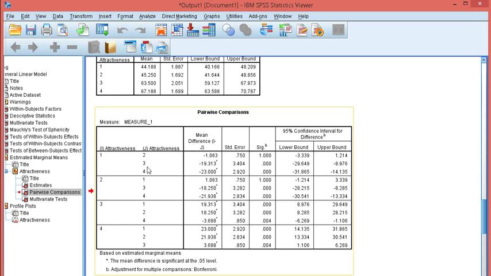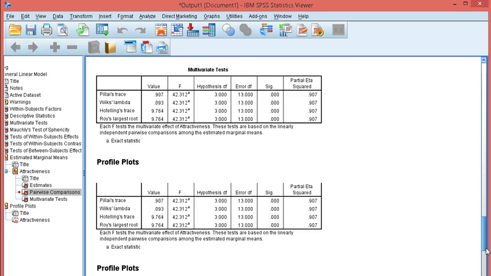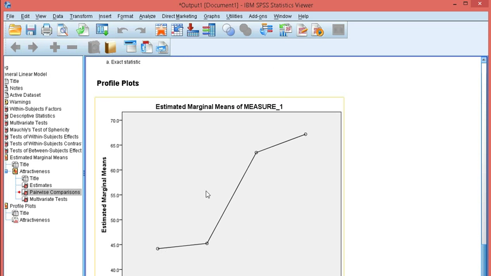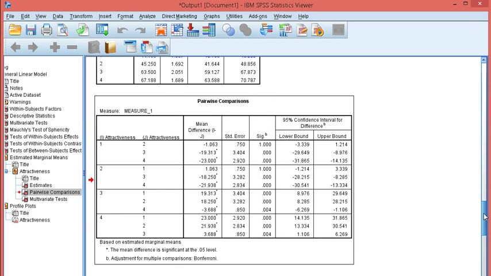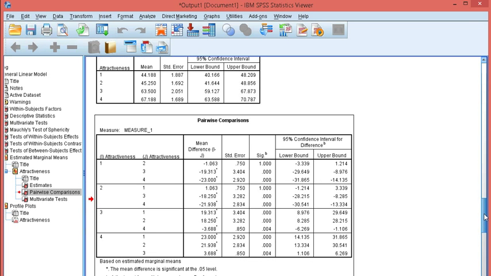Between 1 and 3, the p-value is less than alpha 0.05. There is a significant difference between this and this. And 1 and 4, there is a significant difference.